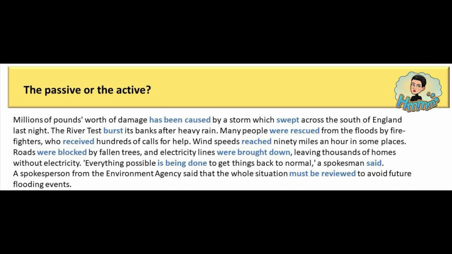Wind speeds reached 80 miles an hour in some places. Roads were blocked by fallen trees, and electricity lines were brought down, leaving thousands of homes without electricity. Everything possible is being done to get things back to normal, a spokesman said. A spokesperson from the Environment Agency said the whole situation must be reviewed to avoid future flooding events.